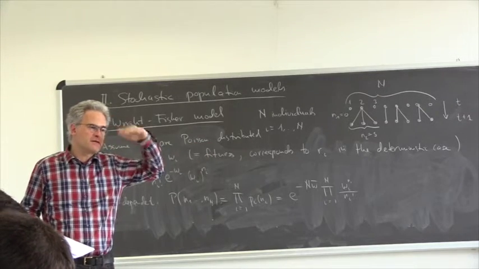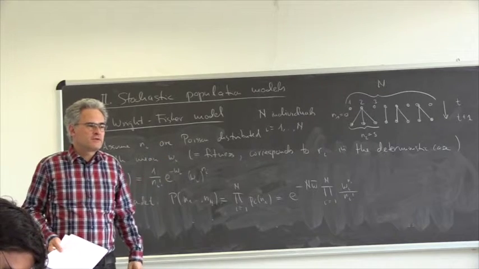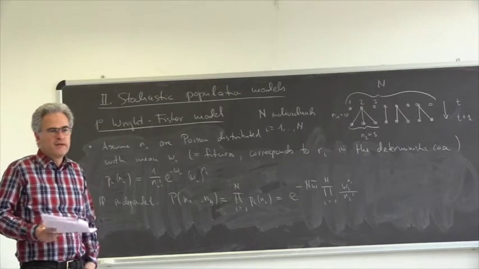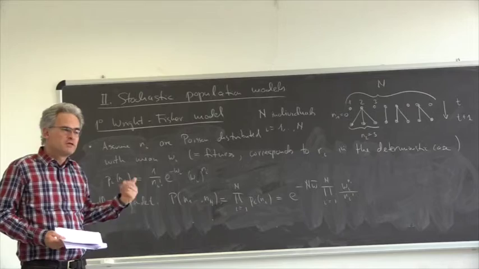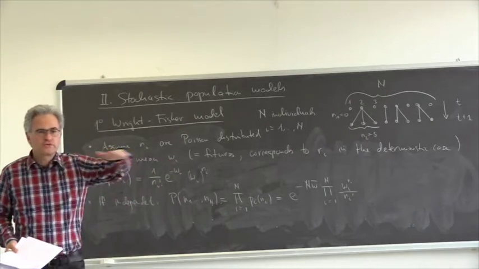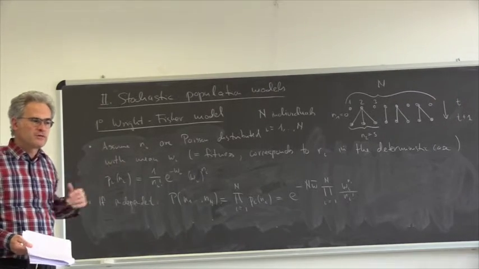I'm not specifying that at the moment. I'm not talking about the number of types here. Each individual has a type which leads to a certain fitness, but many individuals can have the same type and the same fitness, but this doesn't matter on this level.